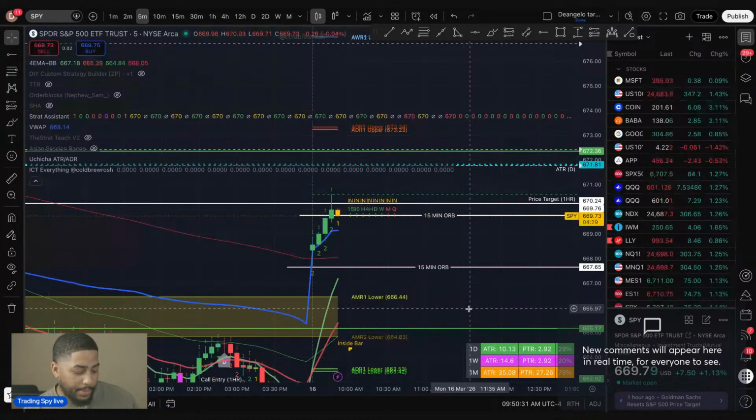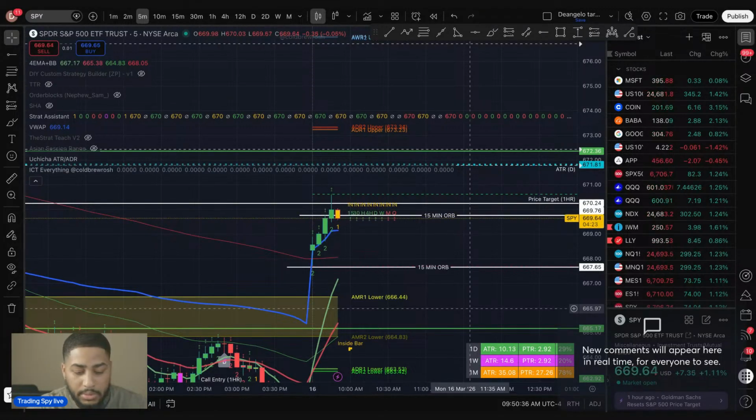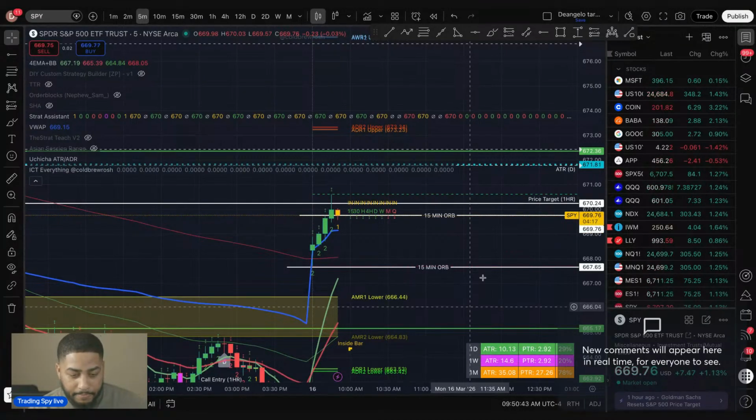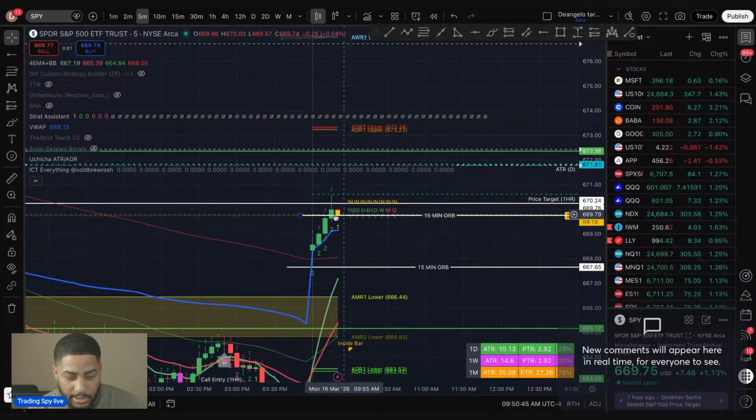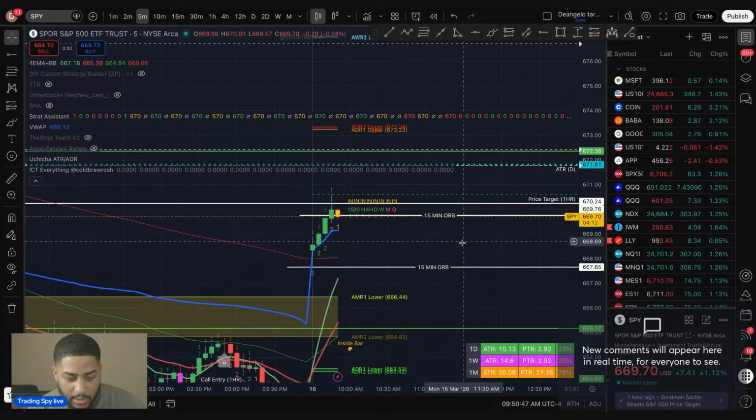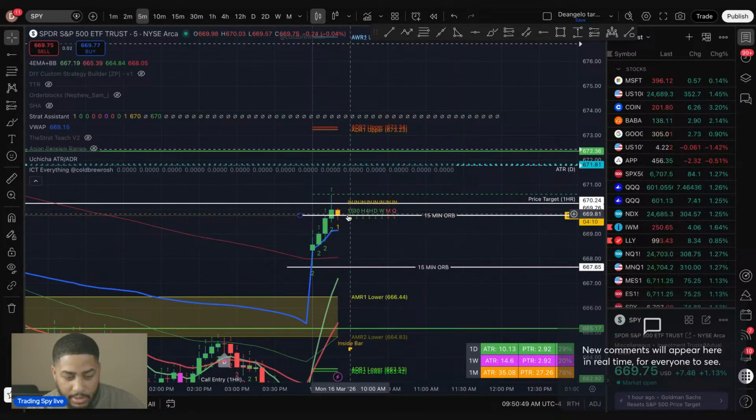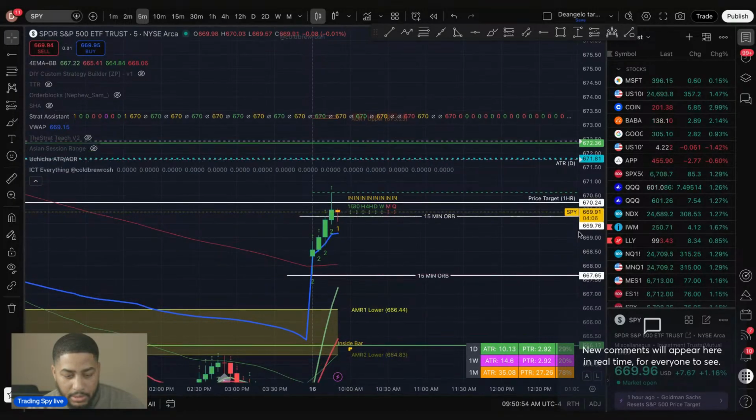All right, now we're coming back inside that ORB. Let me see this up. All right, so we had a candle close outside of it, but this candle right here is trying to, okay, we buying up off of it a little bit.